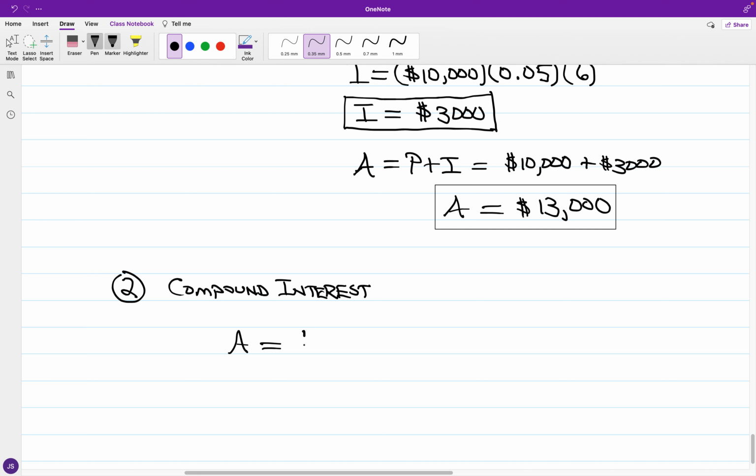We're going to have A along with P, but this time we'll be looking at exponential applications. So you have P times the quantity 1 plus R over N, to the N times T power. You still have the same application for P, the principal, R, the rate of interest as a decimal only, and T for the time in years, but N is in reference to the compounding frequency.